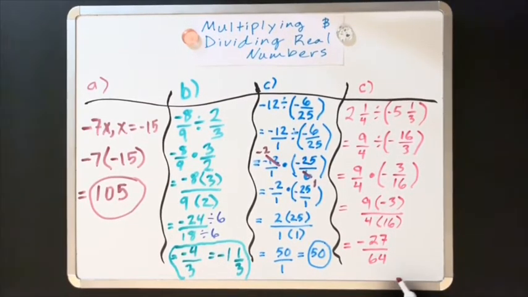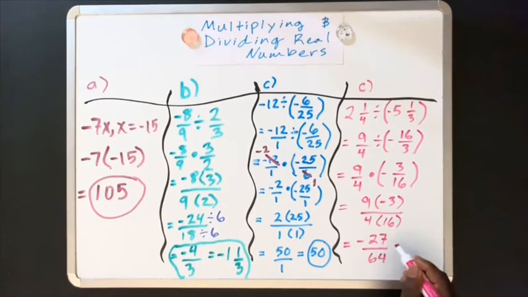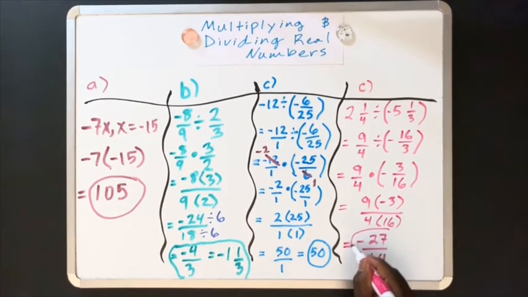So the greatest factor of 27 is 9. And then for 64, we have even numbers, where we are not going to have a factor of 3 in here. So we cannot reduce this fraction. All right, so this is our final answer.